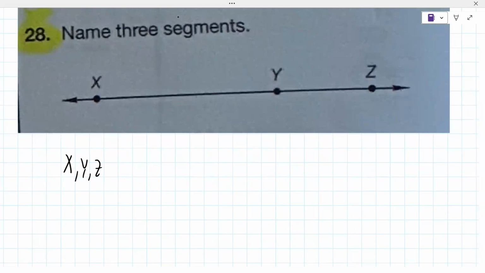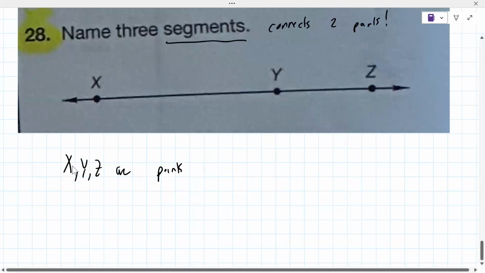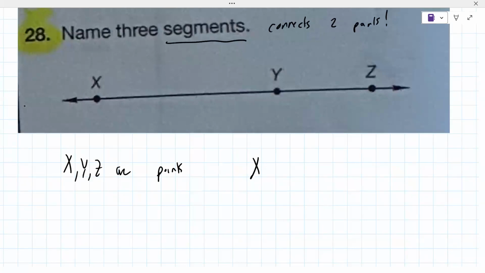X, Y, and Z are points. A segment connects 2 points. So basically you need to give me two letters. X and Y. Okay, so X, Y, and then you have to put a little line above it like that.